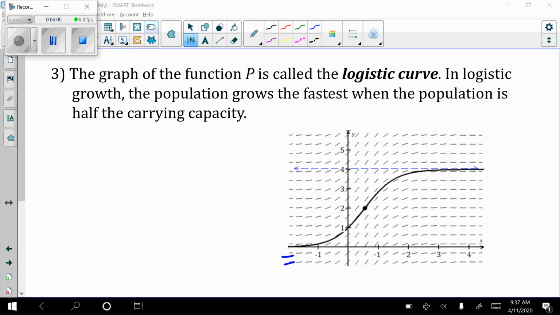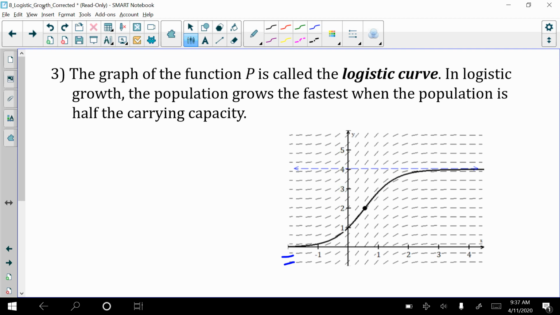But the slope is not necessarily going to be at 0, just like here, where I have a slope of 0 at whatever the limiting factor is. Down here, it's kind of like an exponential function. We have the horizontal asymptote, and then it goes up. Same thing here on the left side of the graph.